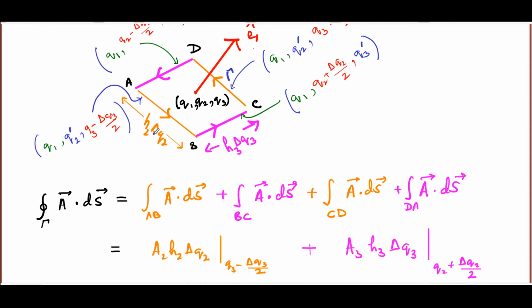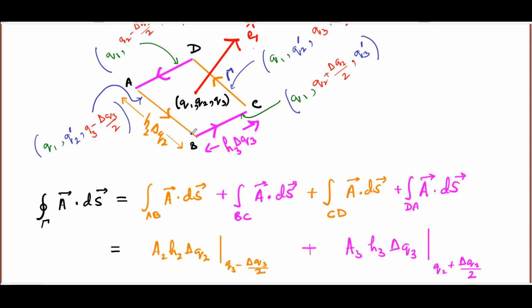Now, the contribution over AB is straightforward. Here, only q2 is changing, and this motion is in the direction of the second basis vector E2. So when you do A dot dl, you are only going to get A2, and that is to be multiplied by the length of this arm, which is h2 times delta q2. Remember, h1, h2, h3 are basically the scale factors.